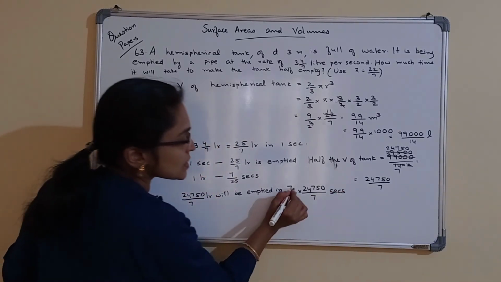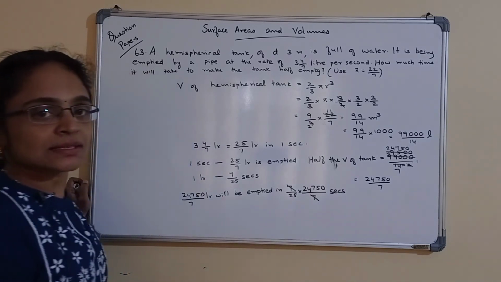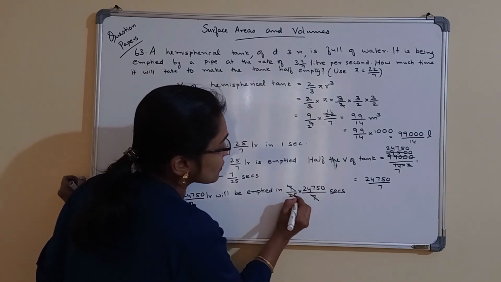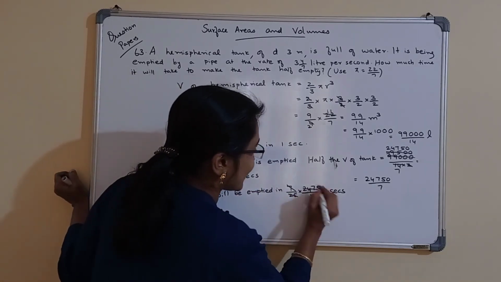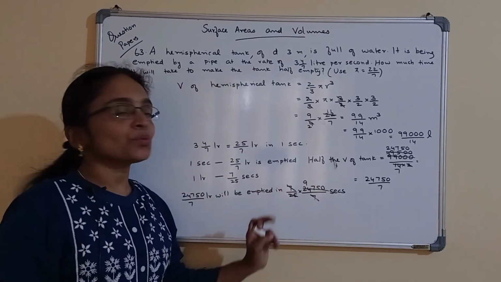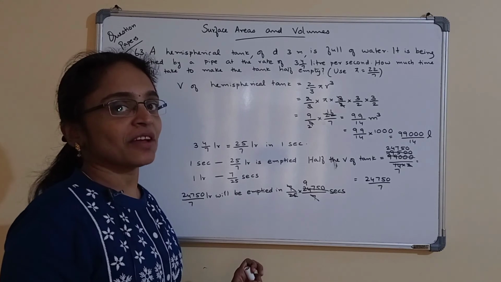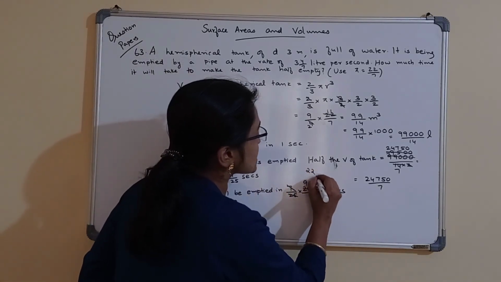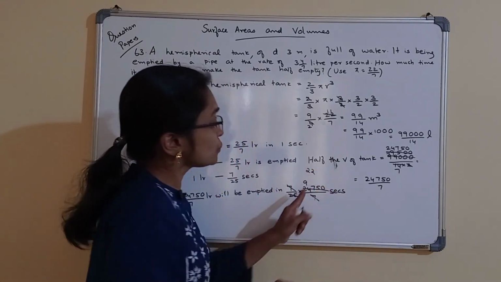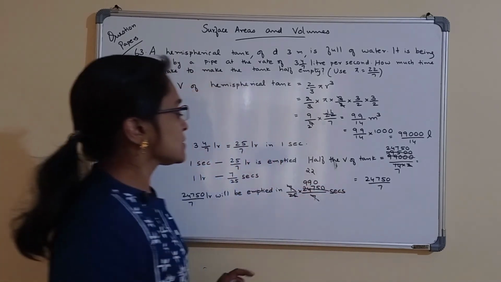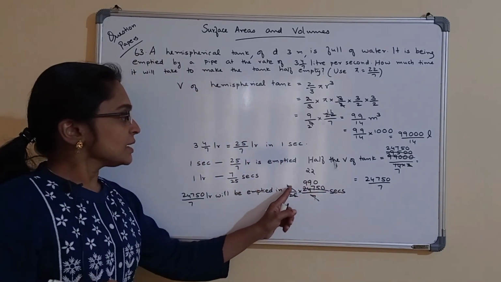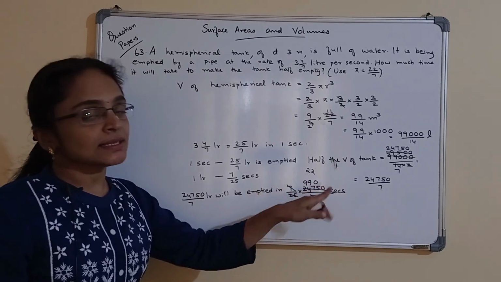Okay, so this 7 and 7 will get cancelled and 25 will go in 247. How many times? 9 times, right? That is 9 into 25 is 225. Then 22 is remaining. Now 22, 25. Again 9 is there and 0. So it will be emptied in 990 seconds.